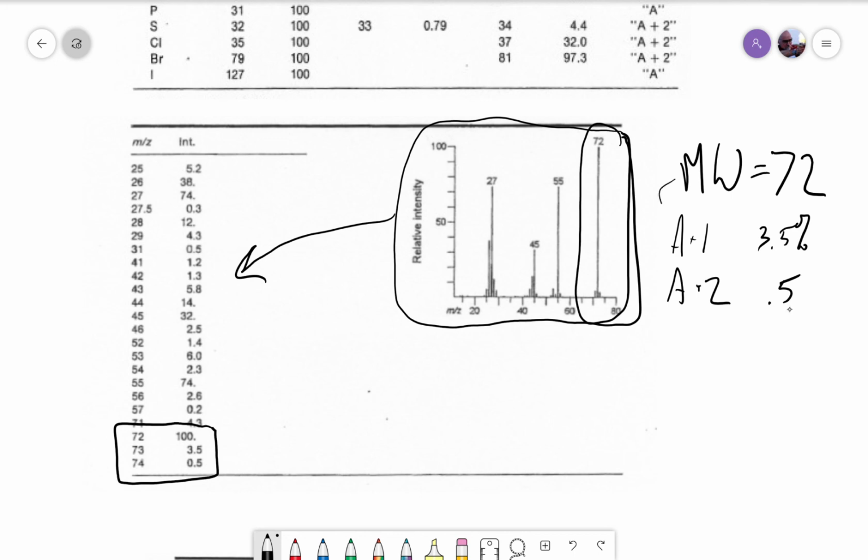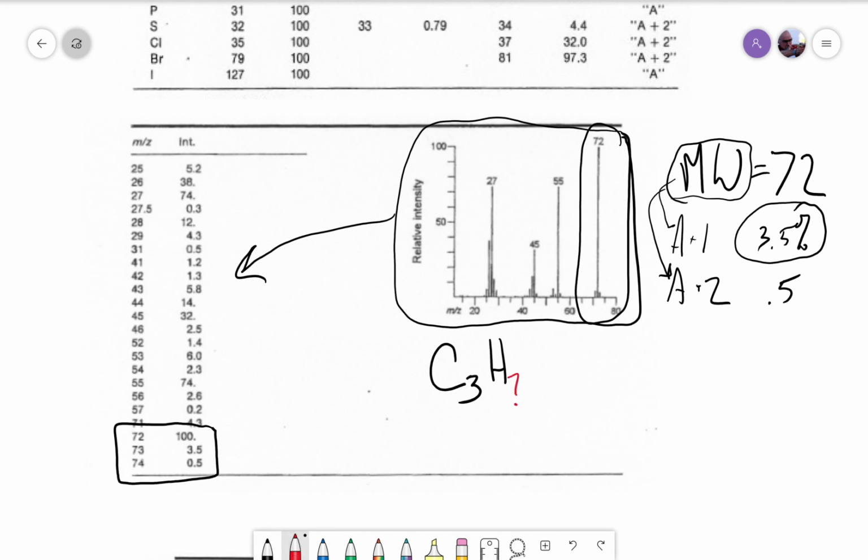This means that these isotopes are coming about from whatever elements exist in this molecule. Right off the bat, the A+1 of 3.5% might mean to you that we're looking at 3 carbons. And since we're dealing with hydrogens, well, we probably have some, but we don't know how many. The question is, what elements could create an A+2 of 0.5%?